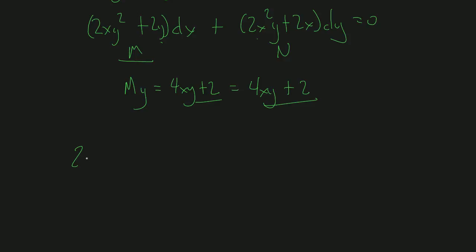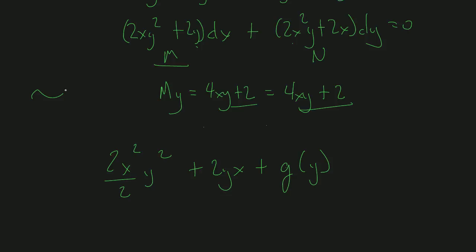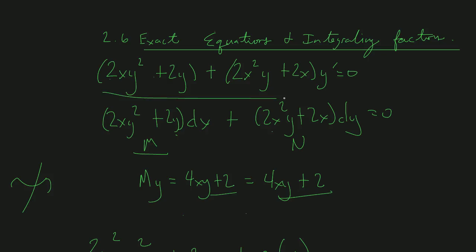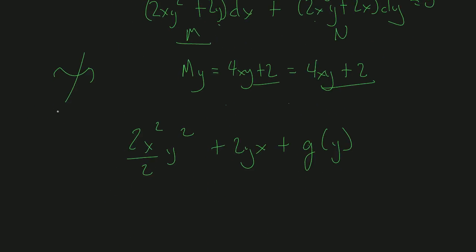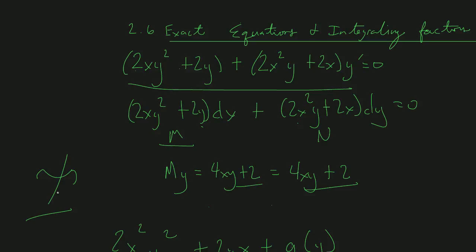So we get 2x squared over 2 times y squared plus 2yx plus some sort of function of y. So we're trying to find where this came from. This equation here, if we take it with respect to x, it'll give us this. If we take it with respect to y, it'll give us this.